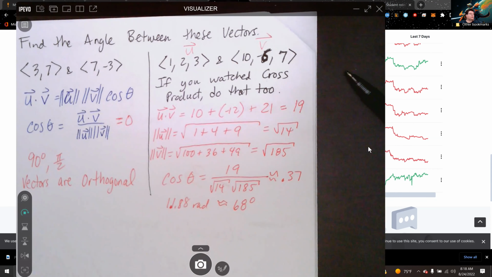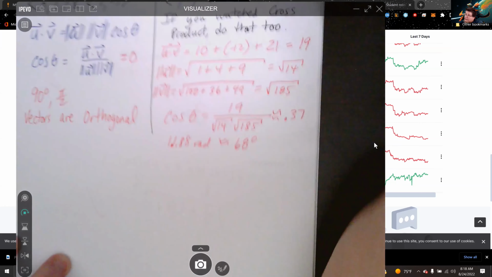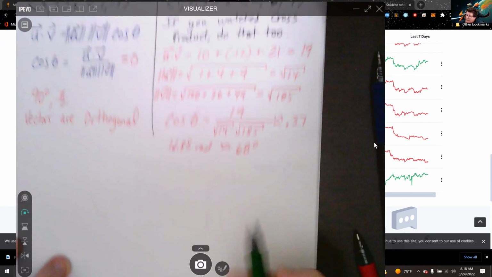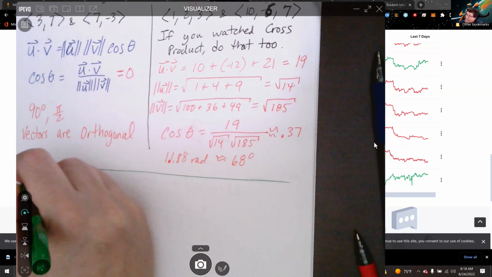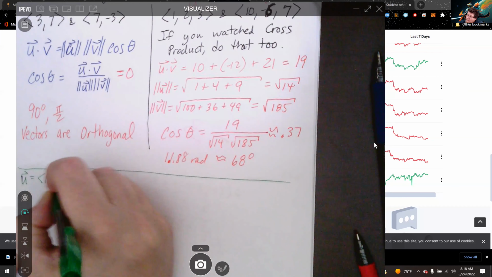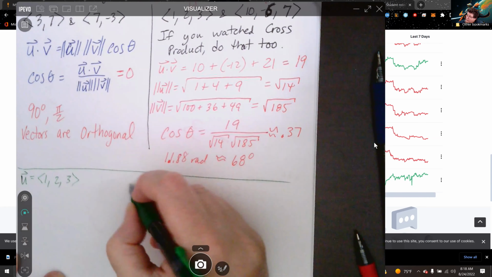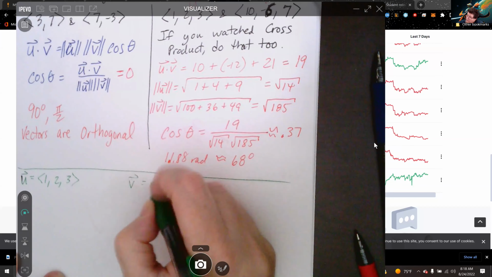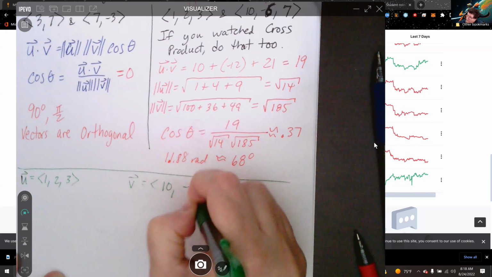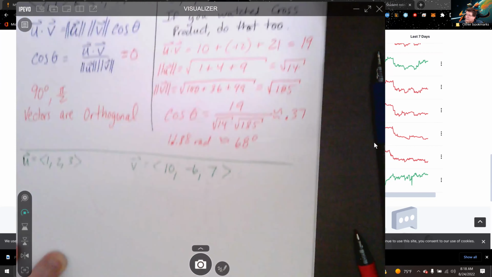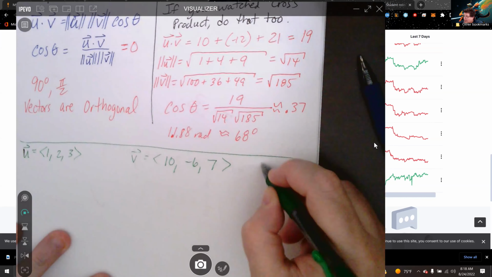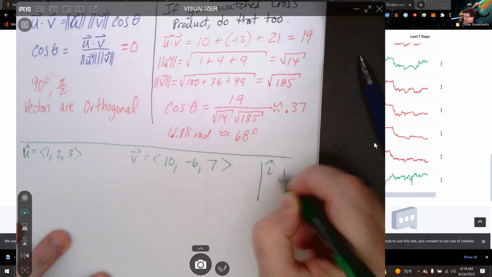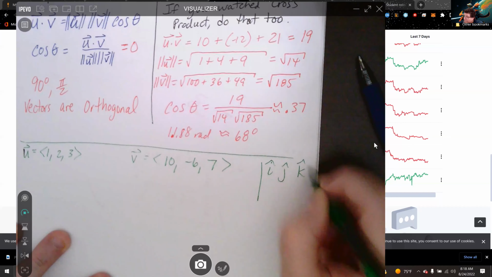So if you looked at the cross product or you didn't, this would be a quick lesson for you. Let me rewrite U and V here so I can use them. We do I, J, K across the top.